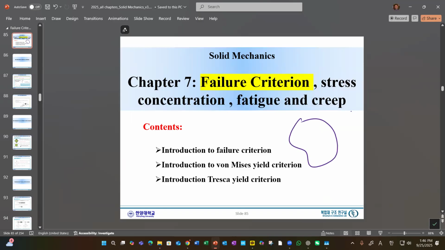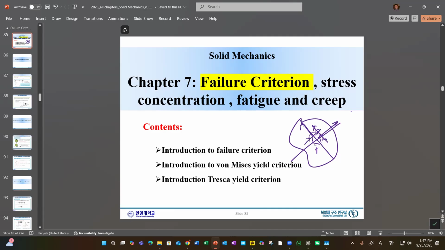Well, I keep drawing the same one, but let's say we have a stress like this, and then we'd like to know how much stress we have on a certain plane, how much the normal and how much the shear.